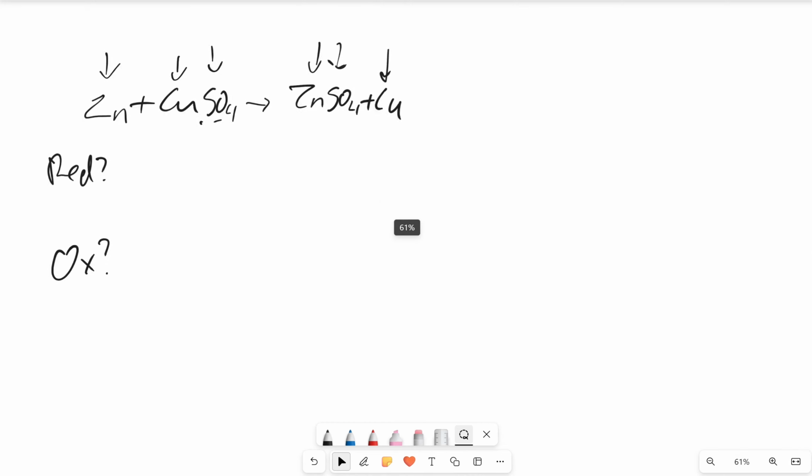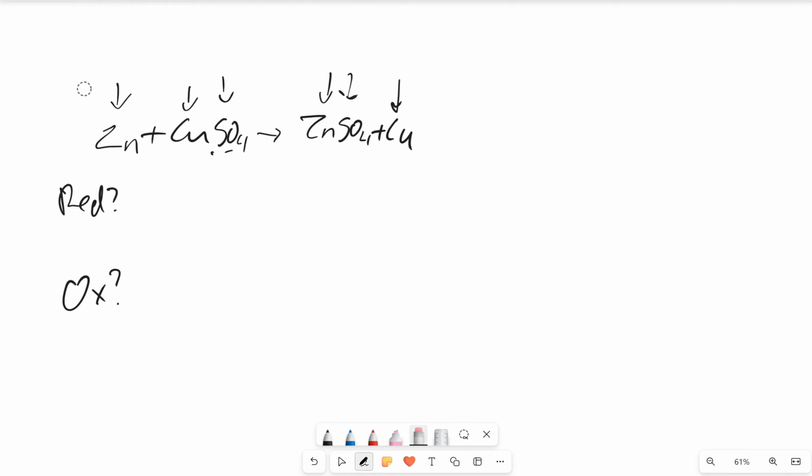So let's look at this problem again. So what's being reduced? What's being oxidized? Okay, well, first off, remember we have to assign our oxidation numbers. So zinc is a free element, so we're going to have 0. I like to write my oxidation numbers directly above the element. I find it easier. You can do them however you want though.